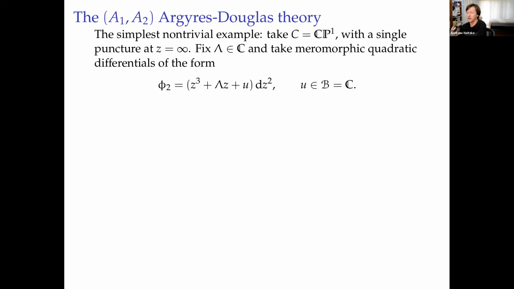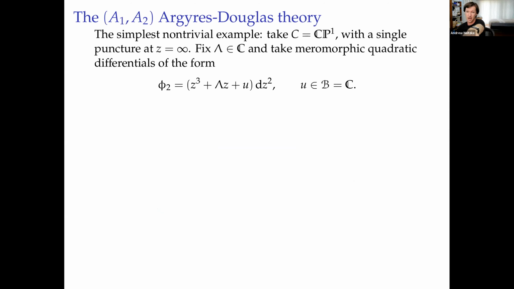All right, so let's make it really concrete. Let's talk about the simplest non-trivial example. Let's take the surface to be just CP1, with a single puncture at infinity. In that case, in order to get anything non-trivial, I have to allow singularities of rather high order.